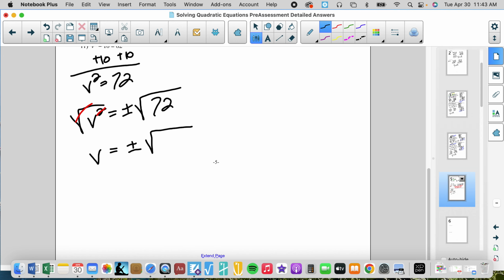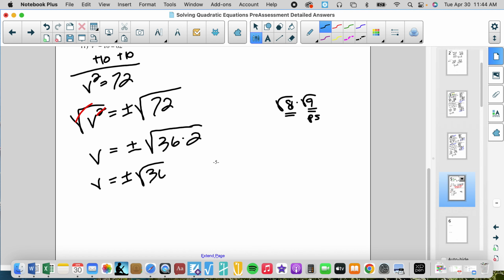Yeah, you can break it into rad 8, rad 9, because 9 is a perfect square. However, that can still be broken down, so that might not be the best. You might want to find 36 and 2.